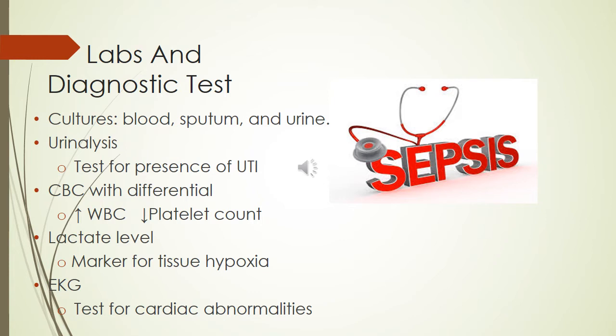An increased level of lactate in the blood indicates that there is not enough perfusion in the body, and that there's also a lack of oxygen being delivered to the body's tissue. Another test ordered is an EKG, a 12-lead EKG, and this is to assess for any cardiac abnormalities.